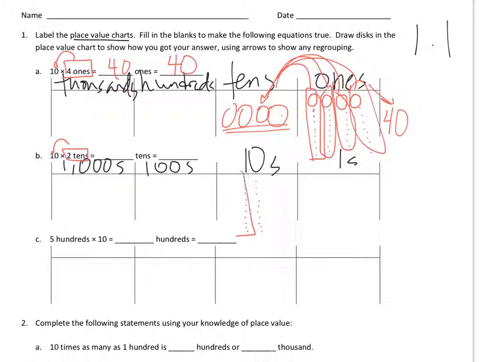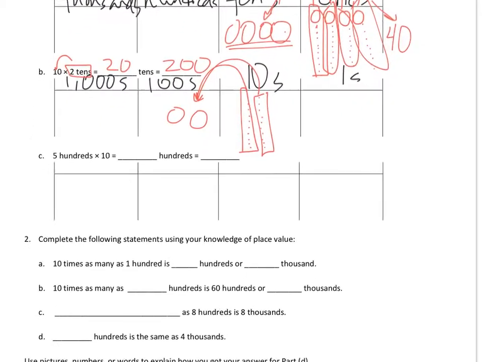If I have 10 tens, I can exchange them in for 100. Another 10 tens, I can exchange them in for another 100. If I counted all my dots here, I had 20 tens, which is the same as 200. Students are going to do that type of work for A, B, and C.